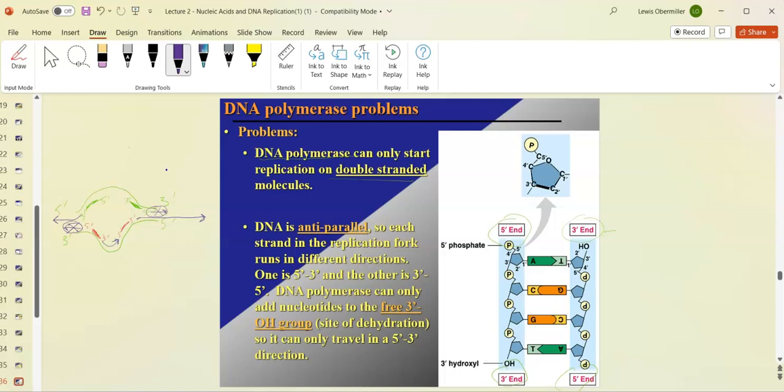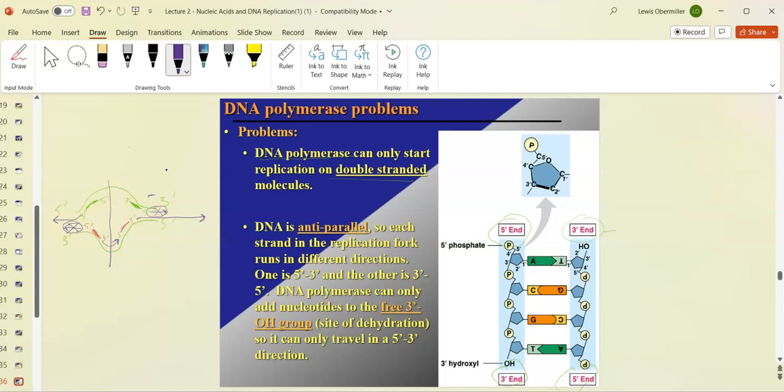So you can see on this side, the upper strand is not able to continuously replicate DNA, only the lower strand. In this end, only the upper strand can continuously replicate DNA and not the lower strand. So it's just opposite depending on which fork you're talking about, the left fork or the right fork.